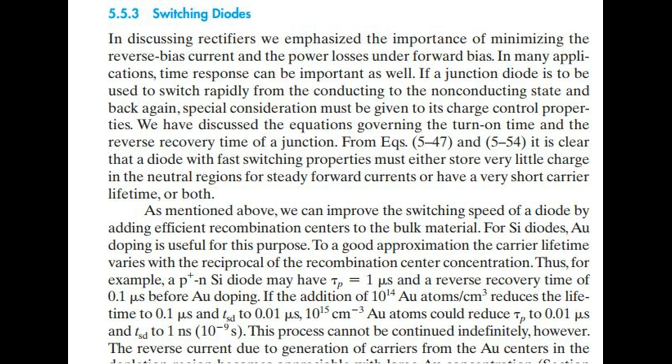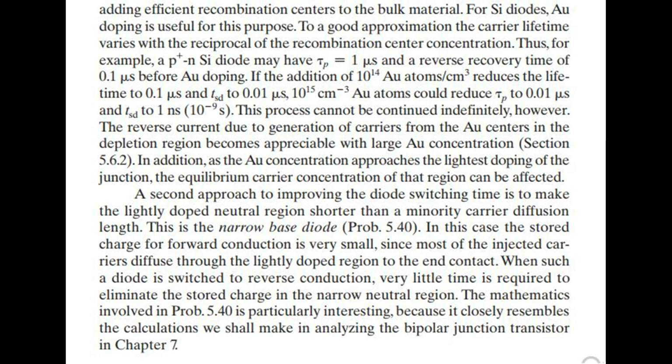This process cannot be continued indefinitely, however. The reverse current due to generation of carriers from the recombination centers in the depletion region becomes appreciable with large concentration, section 5.6.2. In addition, as the gold concentration approaches the lightest doping of the junction, the equilibrium carrier concentration of that region can be affected.